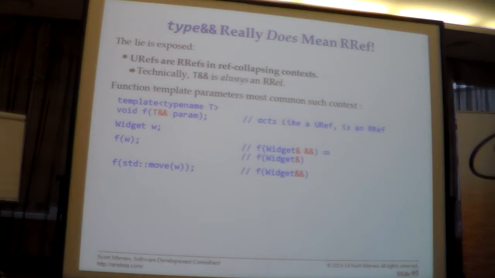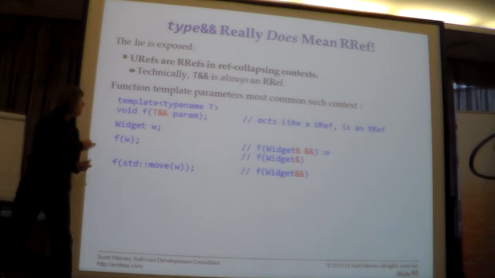Earlier I told you that the idea behind a universal reference was a lie. Now I can tell you the truth. Here's the truth. A universal reference is an R value reference in a reference collapsing context. Technically, T ref ref is always an R value reference. Technically. It's just not helpful to think about it that way.